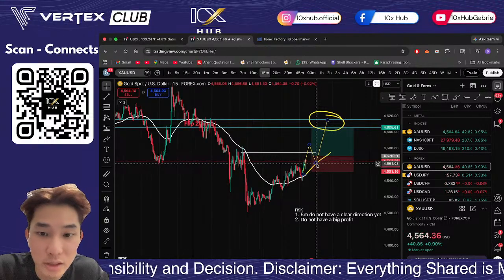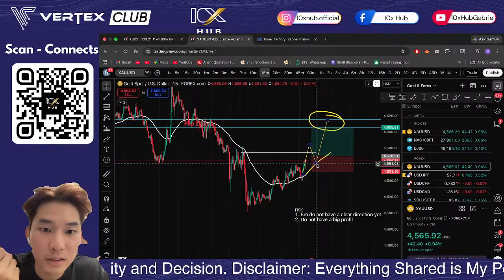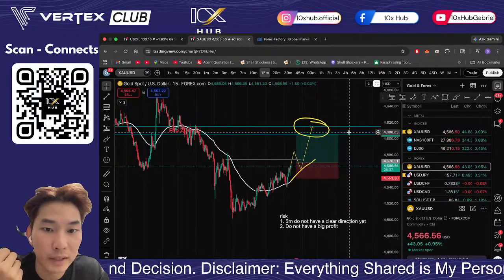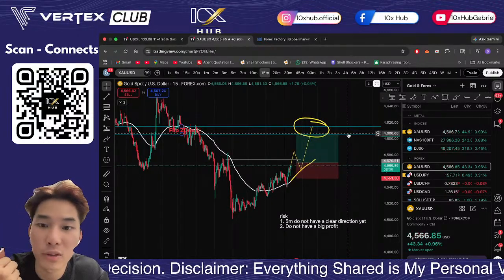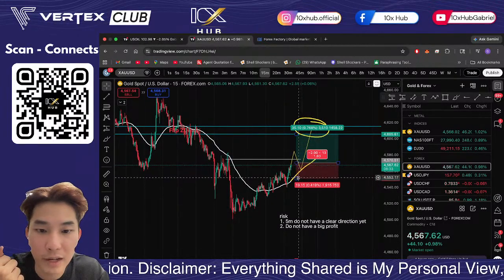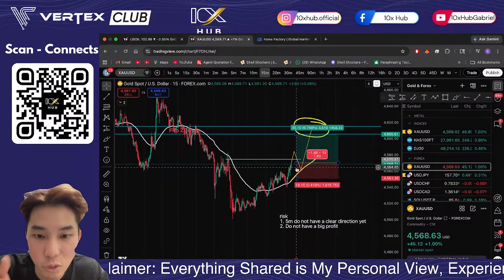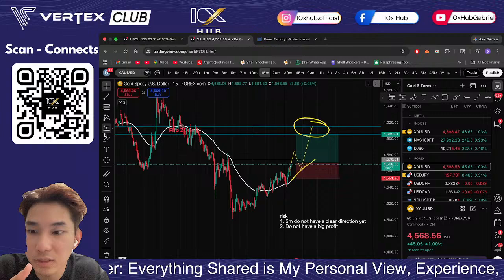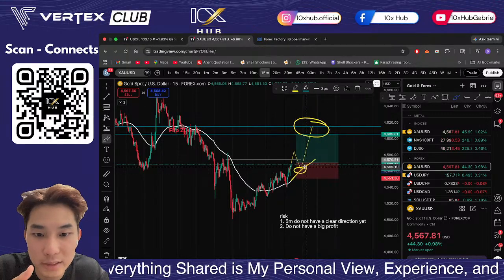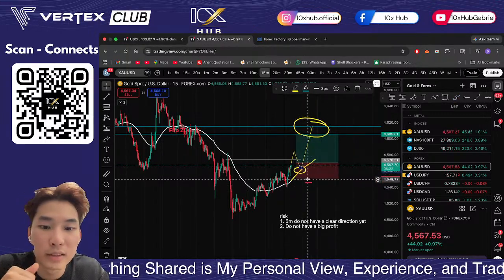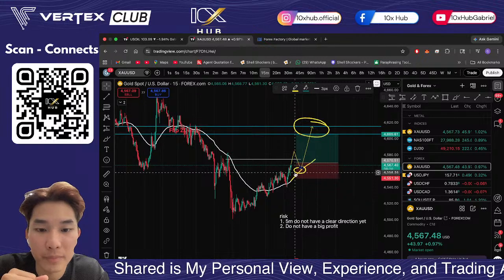If we really enter this trade, our TP we can look at this price, which is 4605. And our cut loss we can just put at the previous low or the current low point when it retraces back to this level. We can put it at this low point and put a buffer over there.